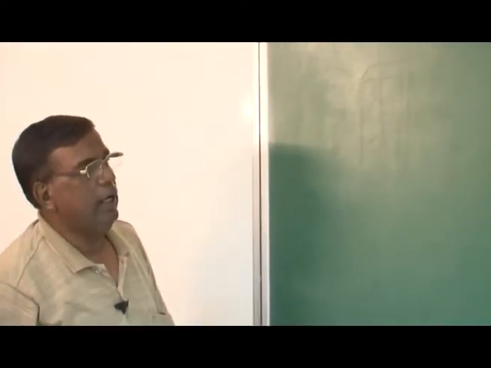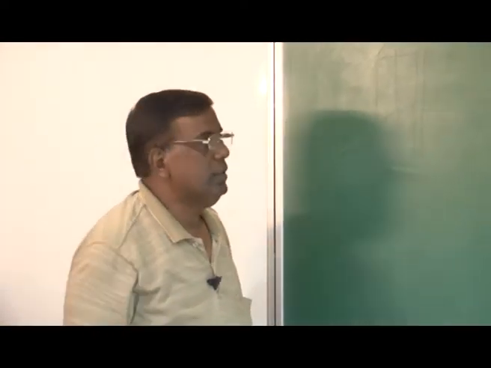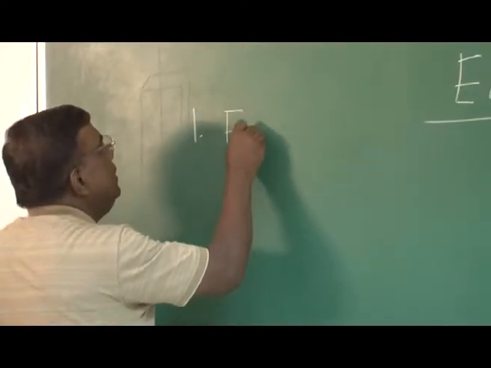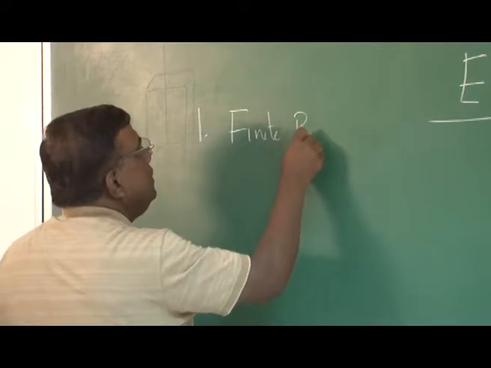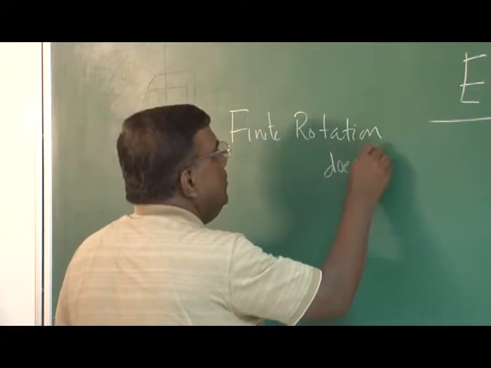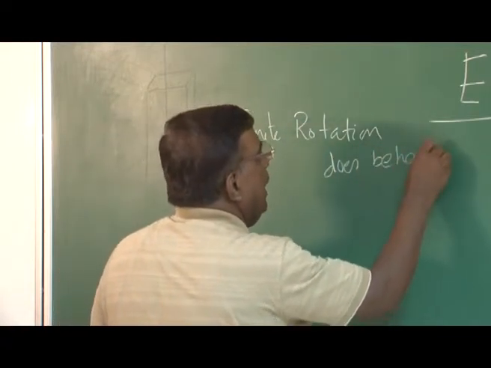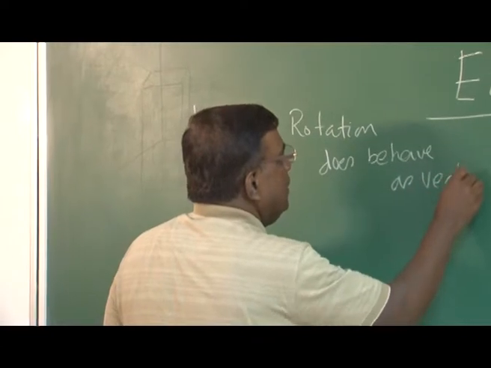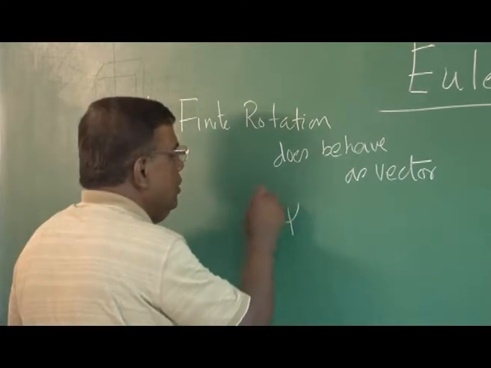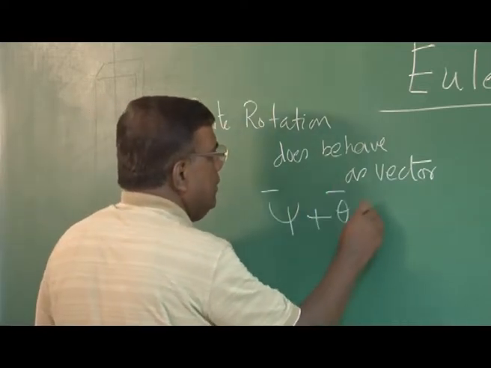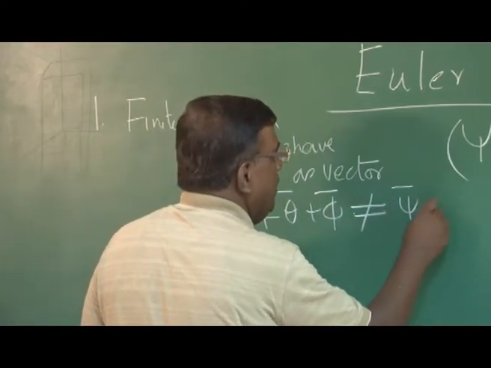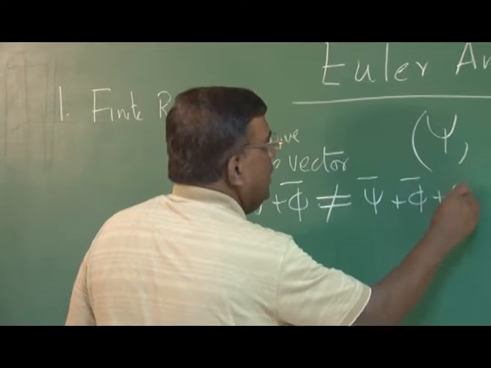Before we go into Euler angles, two things we need to understand. One is this: finite rotation does not behave as a vector, that is, psi plus theta plus phi need not be equal to psi plus phi plus theta or any other combination.